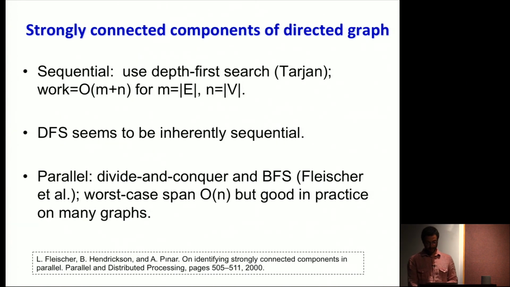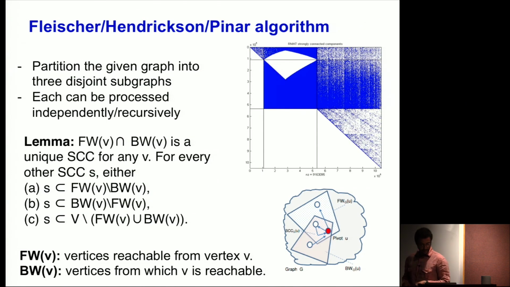I've already talked about these, but here's the super cool idea based on divide and conquer. This is originally due to Fleischer, Hendrickson, and Pinar. This is the best picture I could find that describes this algorithm, the little picture on the right. Essentially, you pick a pivot, a random vertex in the graph. Doesn't matter which one.